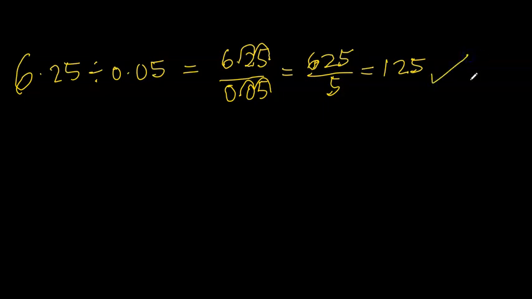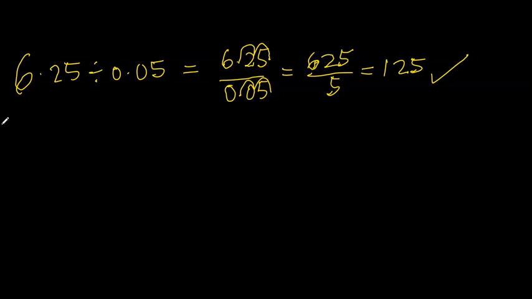There's nothing else to do, because the whole aim is to get the denominator to be a whole number. If we're able to achieve that and we do the division, whatever we get is the answer. This is a little different from the multiplication where you have to go back and forth. This one, whatever you account for in the beginning takes care of it.